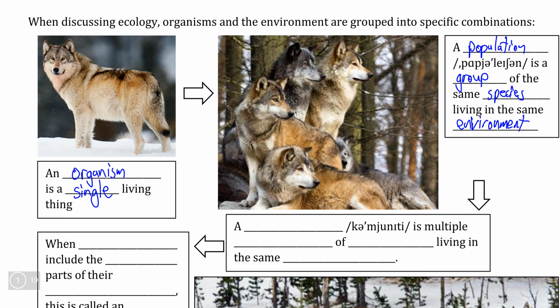So the wolves in this picture are defined as the same species because a male wolf and a female wolf can reproduce with each other and make baby wolves, which defines them as the same species or the same type of organism. However, obviously, these wolves would not be able to survive in an environment if they are the only population that exists, because wolves need other organisms to eat.